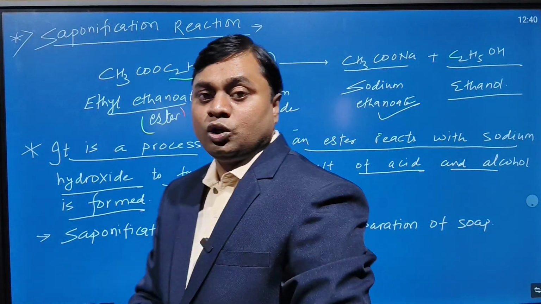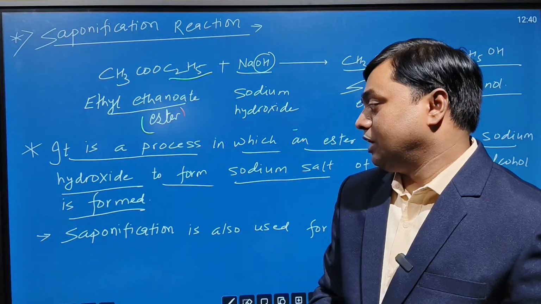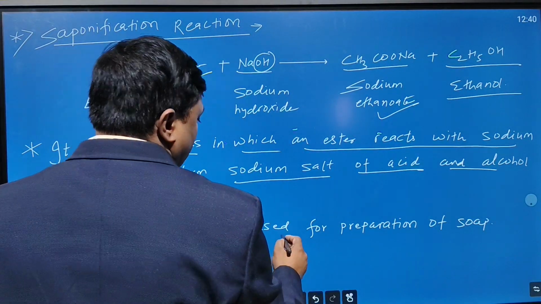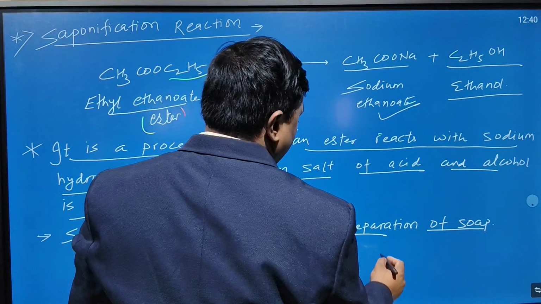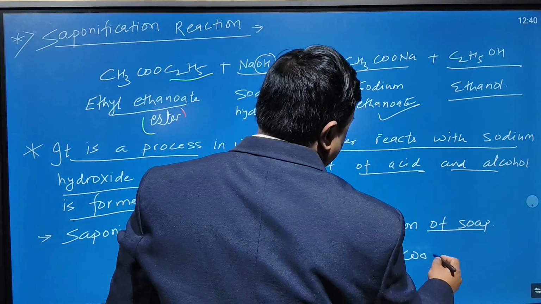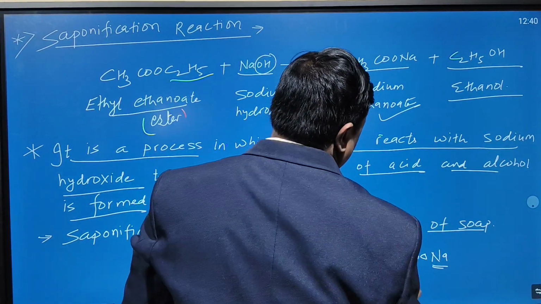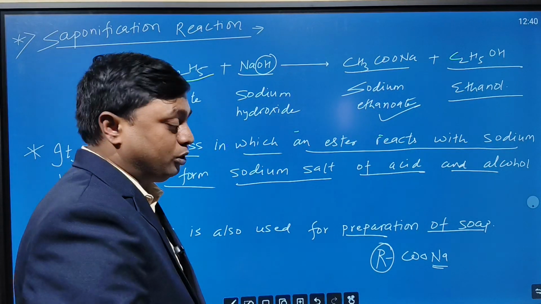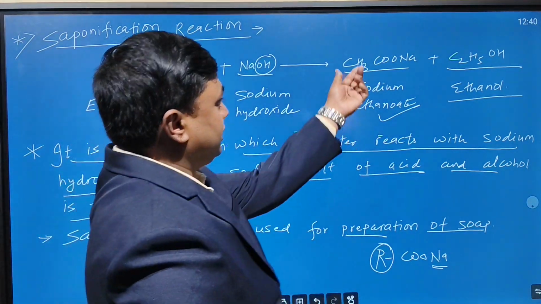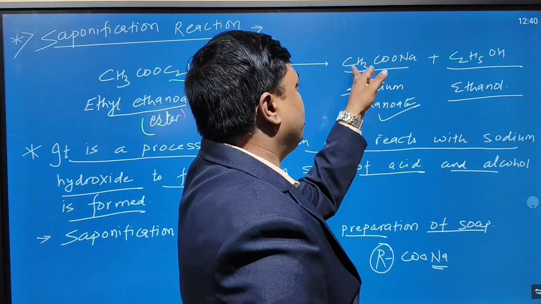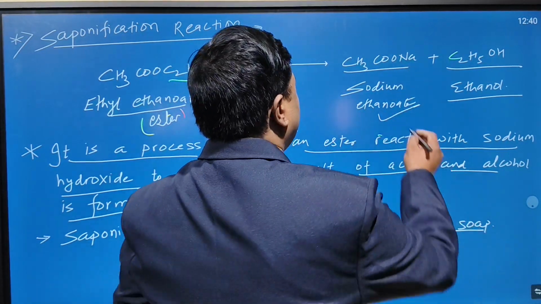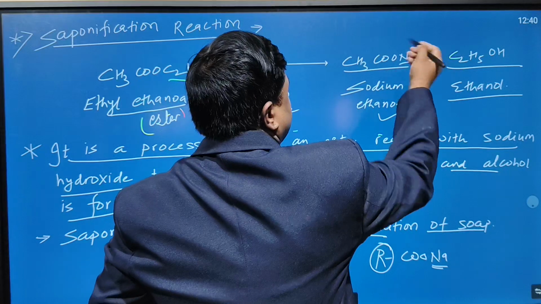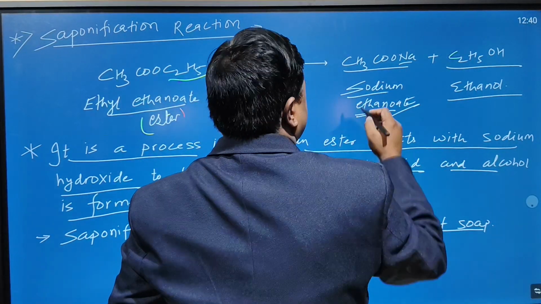Is it clear? This is called a saponification reaction, and it is used for the preparation of soap. Soap is RCOONa. This is the formula for soap. The R may be a bigger alkyl group, more than 12 carbons. Here just CH3 is a lower alkyl group, in ethyl ethanoate. So we say sodium acetate, or sodium ethanoate.